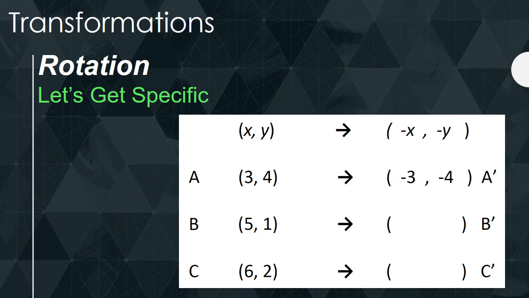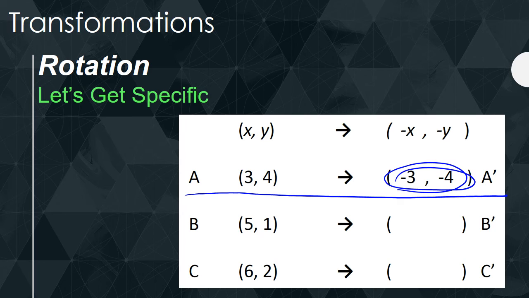So here's our example for point A. We're not switching anything. The X and the Y don't switch places, but this time the only thing that changes is that both points become the opposite. So let's do that for B. B prime is going to be -5, -1, and C prime is going to be -6, -2.